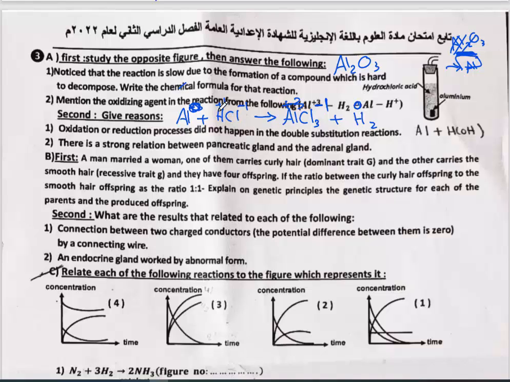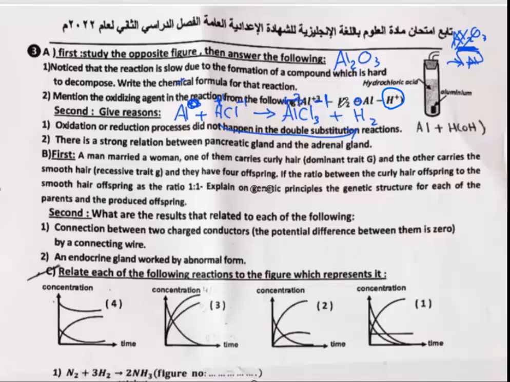Look at the hydrogen, it was positive 1, and after the reaction happened, it becomes 0, which means it gained an electron. So the answer will be hydrogen.